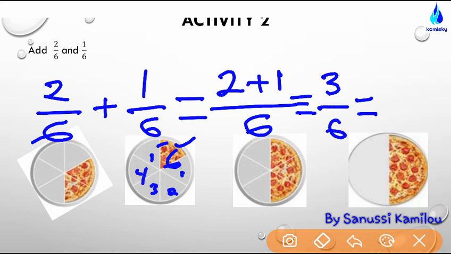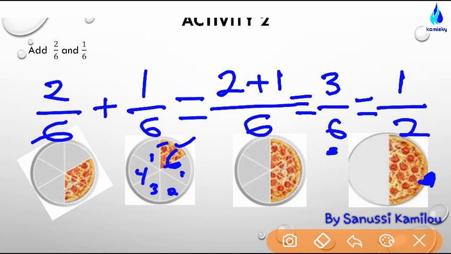So if I divide 3 over 6, I will get what? If I divide 3 by 3, I will get 1. And if I divide 6, the denominator, by 3, I will get what? 2.